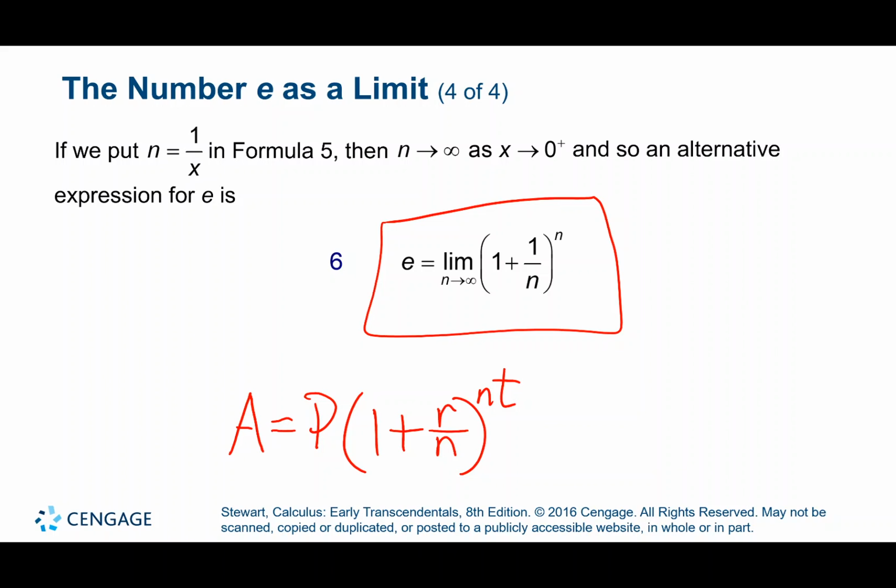If you have a continuous compounding interval, if we take the limit of how often we can compound the interest, we get P e to the RT.